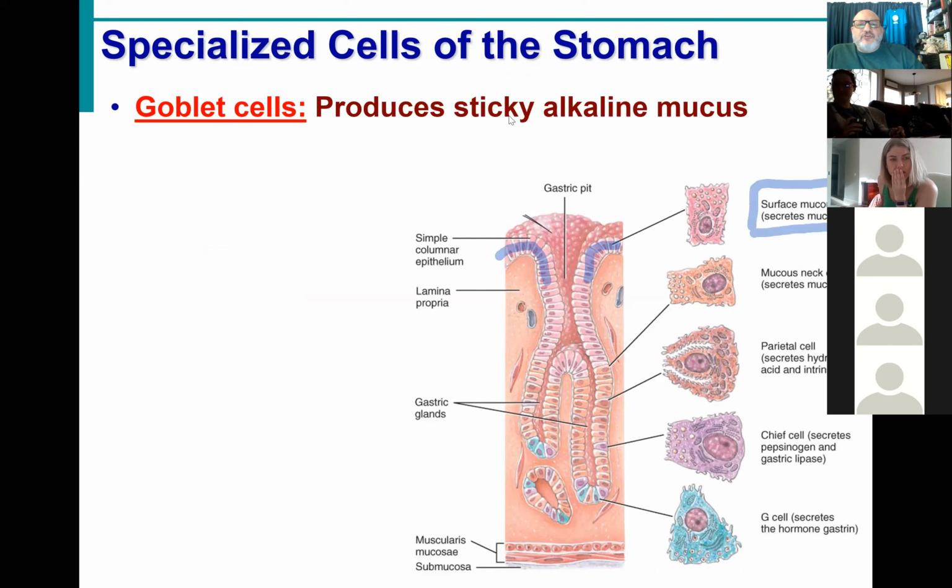If we're not producing enough of this sticky alkaline mucus, or if we start overproducing acid, where it starts eating away at this mucus too much, we can start causing damage to the epithelial tissue and the lining of the stomach. And what do we call that condition when it occurs?